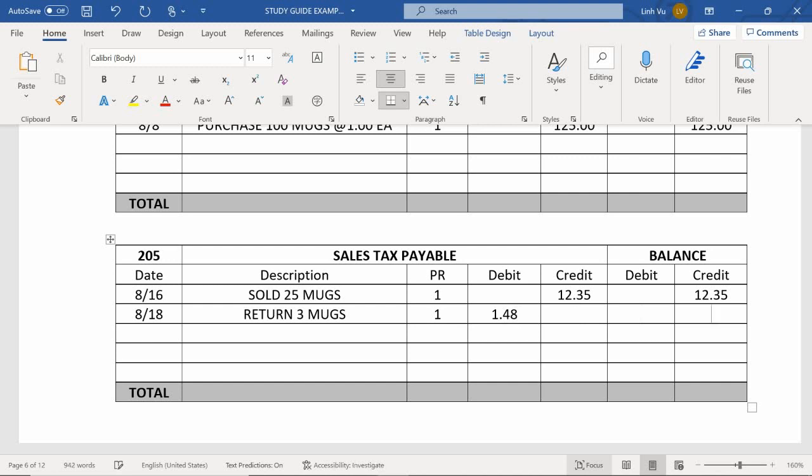So we have 12.35 minus $1.48, $10.87. And the credit balance, $10.57.